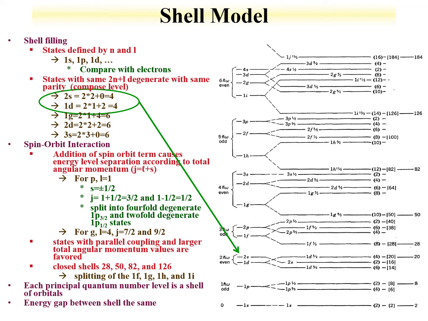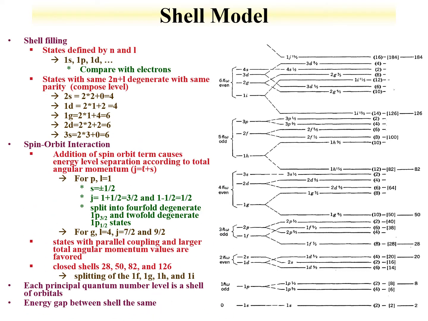So 0, 1, 2, the d is 2. So that's 2 times 1 plus 2 is equal to 4. Those two states are degenerate. We can see the same thing shown here, where we have the 1g, 2d, 3s, where all these equal 6, and those levels become degenerate.